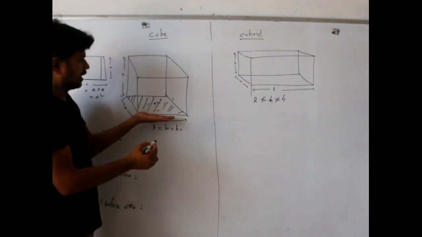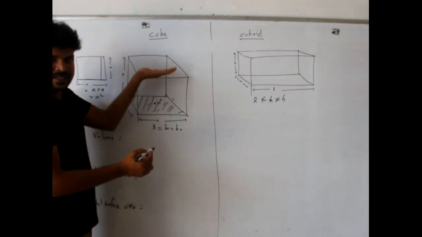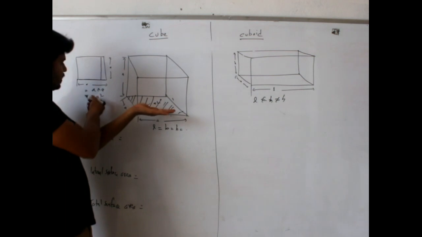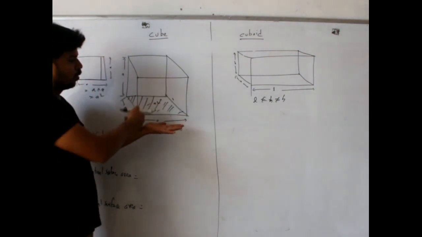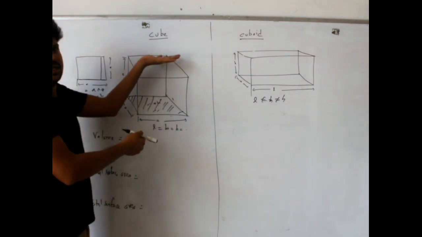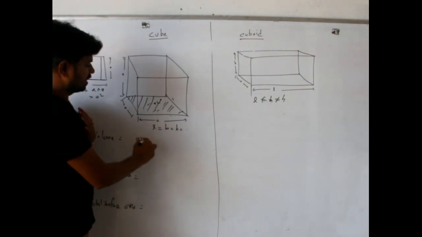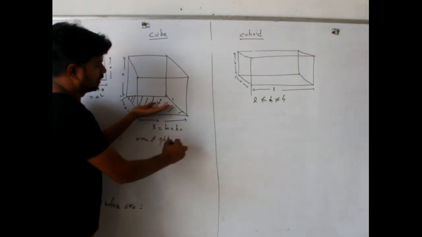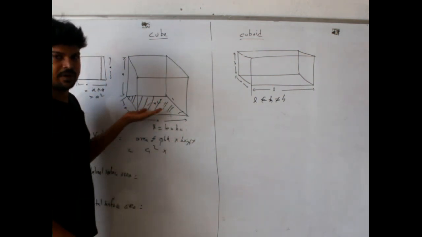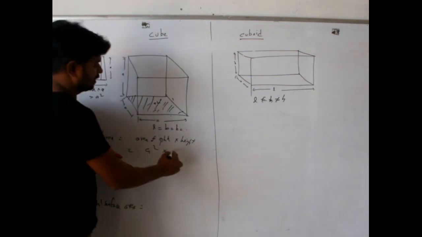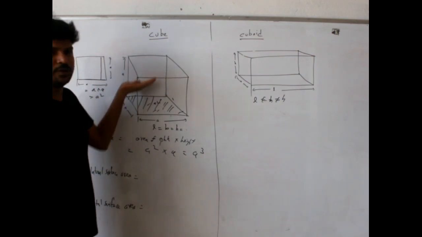This plate has to move vertically up to A distance, similar to the area, where the single line moved towards height A. Here the whole area of the plate moves in the vertical direction by A distance. So volume is equal to the area of the plate into height. We know the area of the plate is A square for a cube, and the height it has to move is A, which is equal to A cube, the volume of a cube.